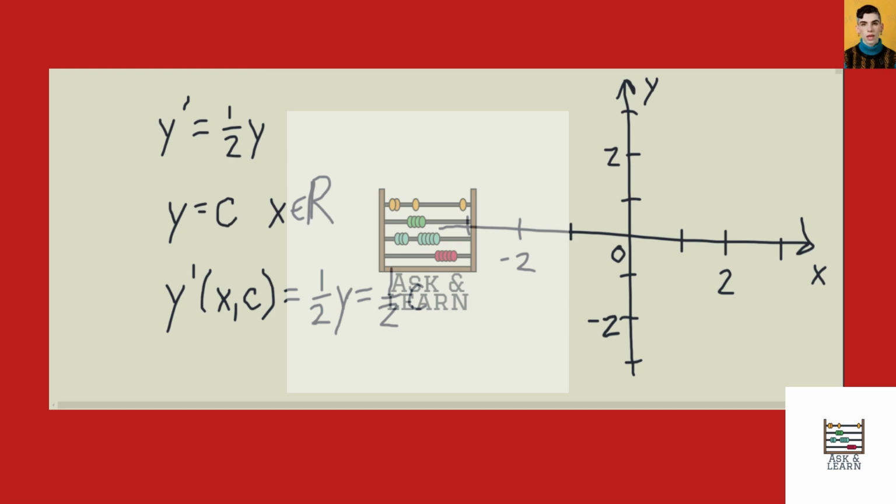So in particular, plugging in different values of c, we have that the slope for any y equal to 0 is going to be 0. So along the x-axis we have horizontal lines indicating a slope of 0.